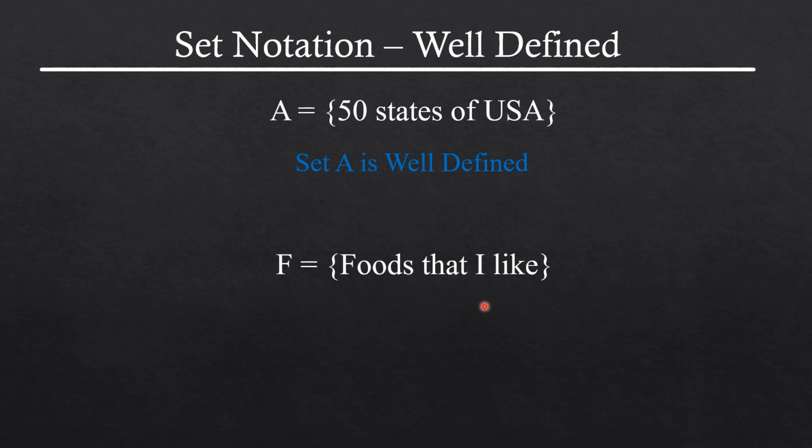So that is not a well-defined set, because Google does not know the foods that I like, or at least I hope Google doesn't know the foods that I like. That is something that is subjective. Not everybody knows that. And so that is not well defined. So that is well defined versus not well defined. You've got a couple of easy questions about that.